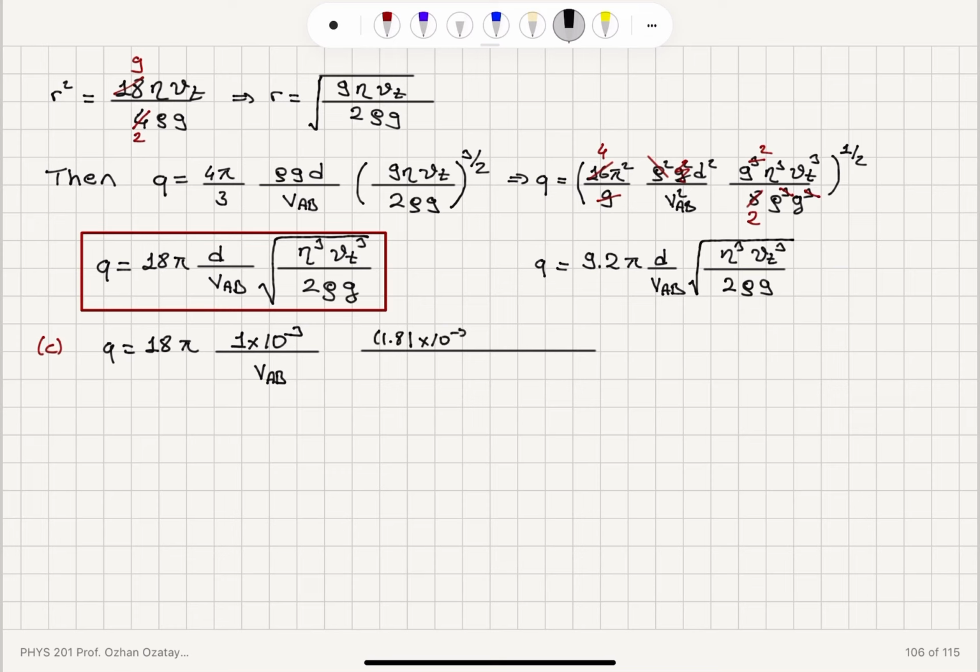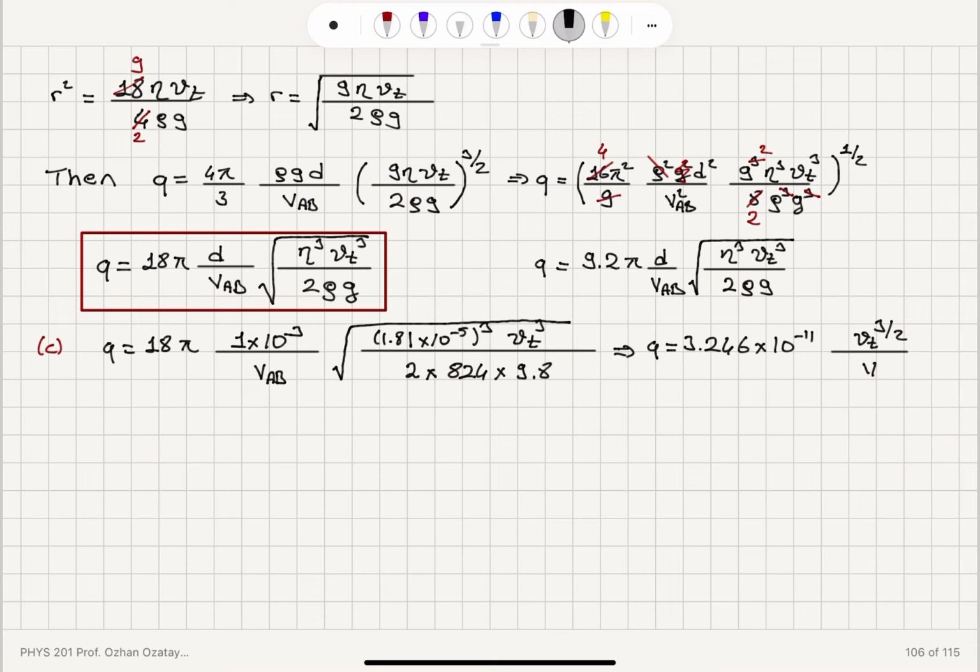So when we substitute these numbers and calculate, we obtain Q is equal to 3.246 × 10^-11 times terminal speed V_t to the power 3/2 divided by the potential difference V_AB. So if we substitute our set of values for the terminal speed and the potential difference, we will calculate the charge.